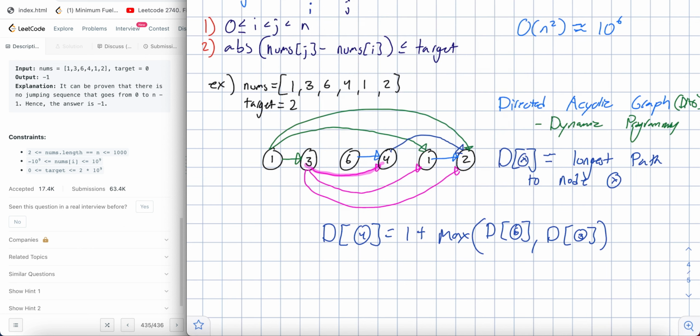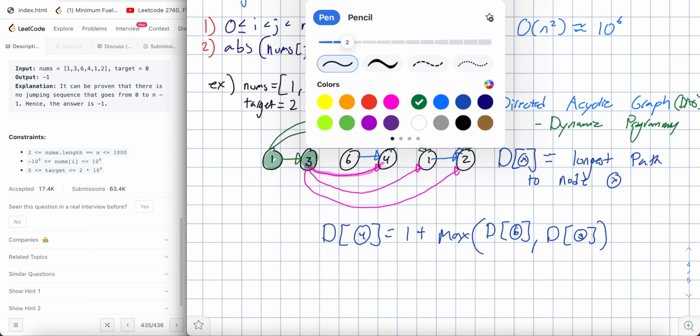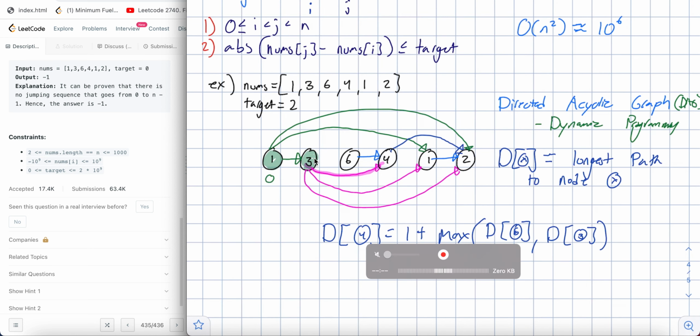So the longest path to get to 1 is 0. The longest path to get to 3 is 1 plus whatever the paths are that I can get to 3. So I'll label these 2. The longest path to get here is 0. The longest path to get to 3 is 1 plus all the things that can get to me. Well, there's only this one, so 0 plus 1 is 1.